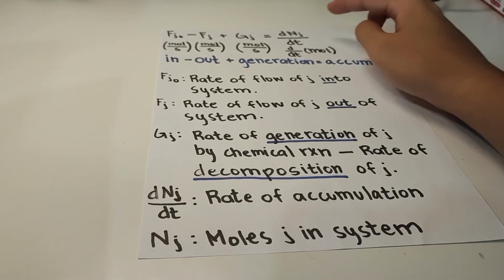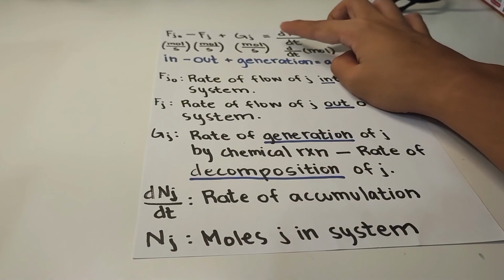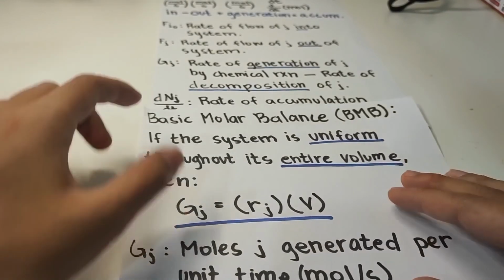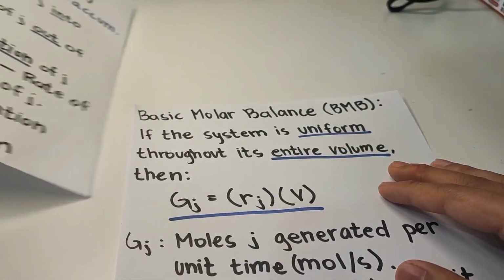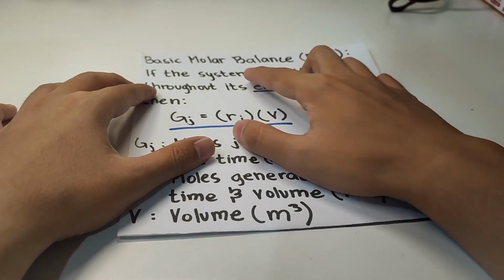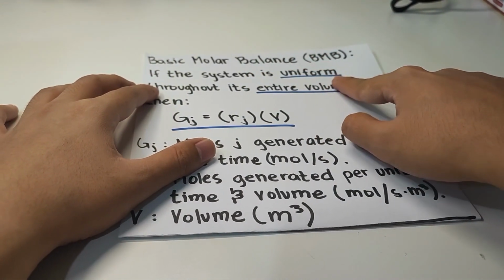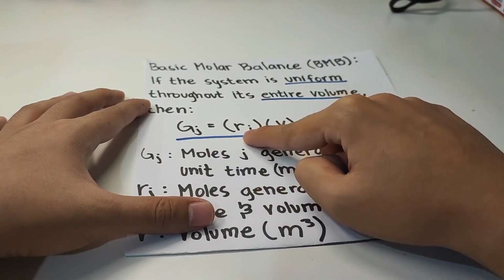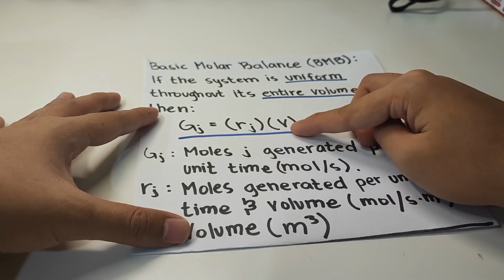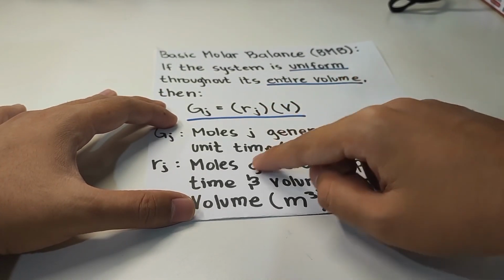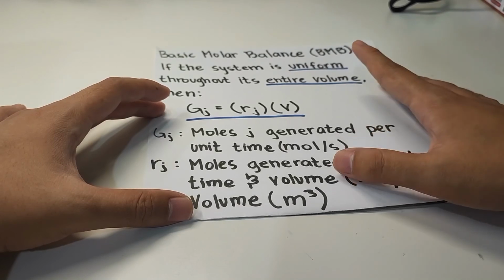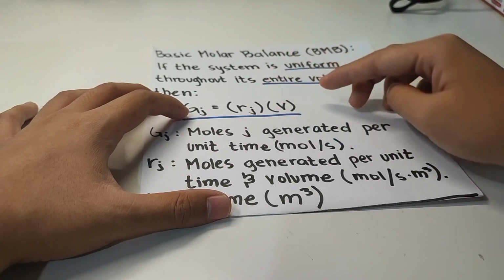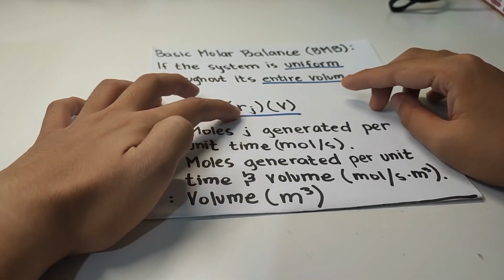Coming from this equation, we must remember that if the system is uniform throughout its entire volume, then Gj equals Rj times V. Rj is the moles generated per unit time and volume, while V is the volume, and Gj is the moles of J generated per unit time.